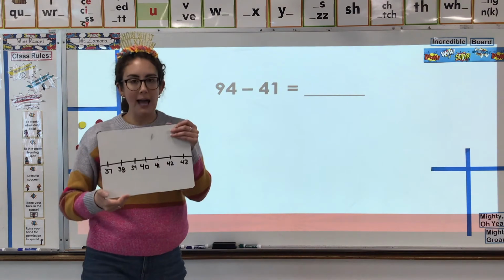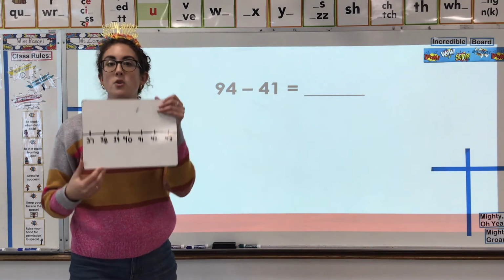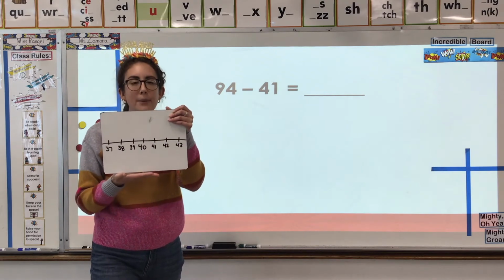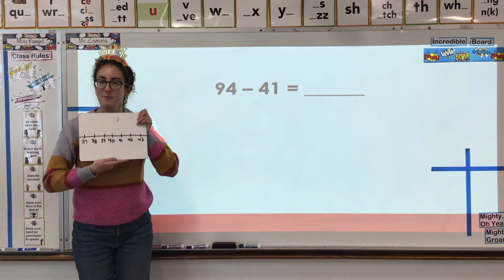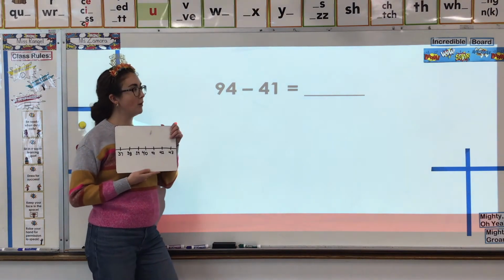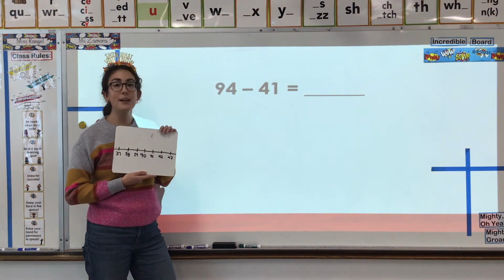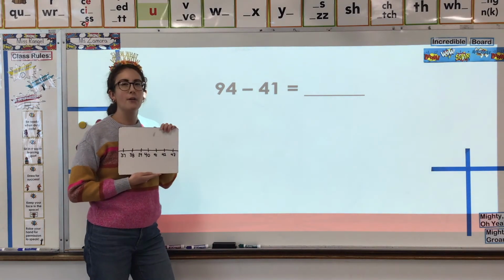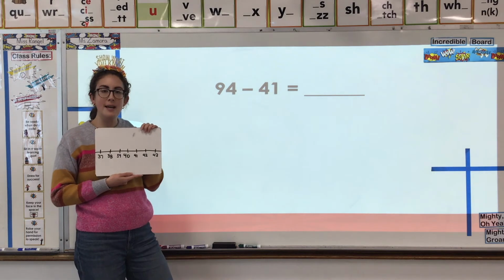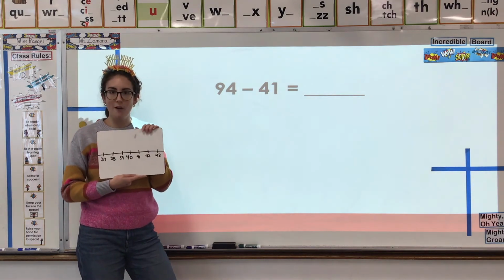So I have a brand new number line. So again, you can be writing down the questions or building this number line to help you out. Let's see. Our next problem we have to solve is 94 minus 41. That looks a little tricky, but we have the skills to solve it.